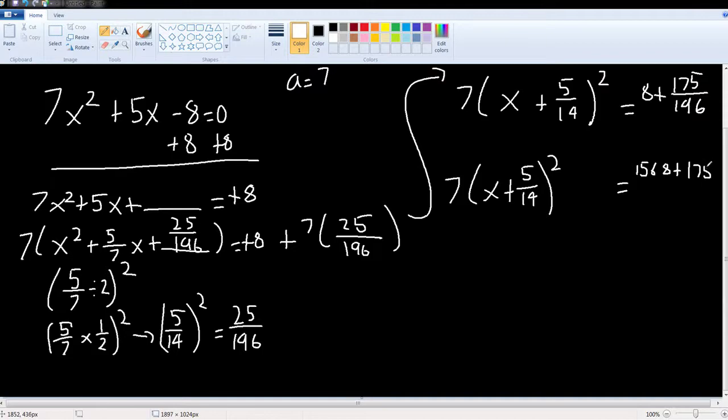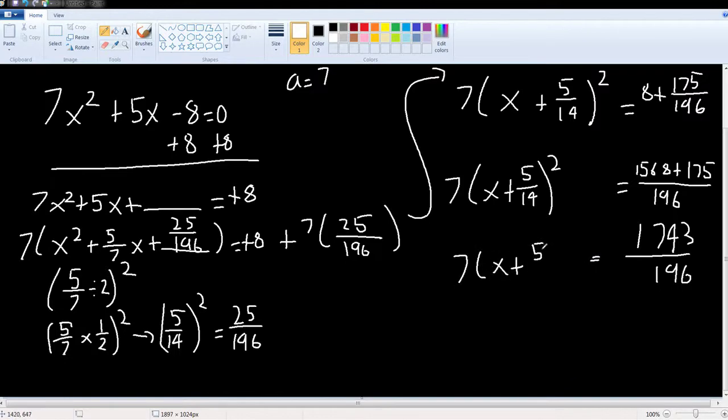Plus 175 all over 196. Okay. 1568 plus 175 is 1743 over 196. So now we subtract it. So actually we will get this. Subtract 1743 over 196.